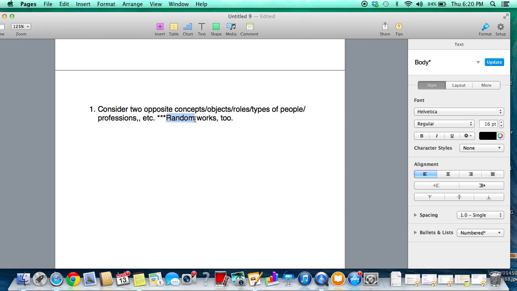But the reason why I like the idea of using opposites is because you get a natural conflict when you put two opposites together. So when I think of opposite concepts, I may say something like religion and, I don't know, what's the opposite of religion? Or even better, I'd say religious versus profane, maybe.